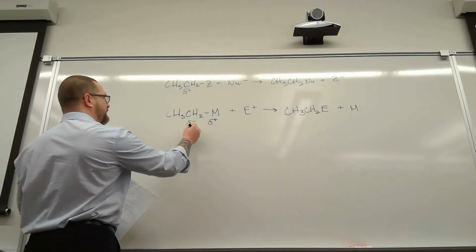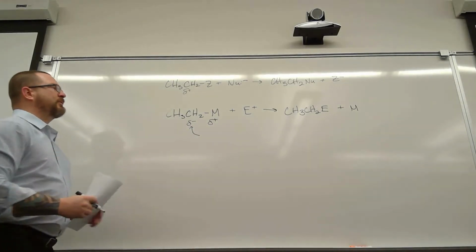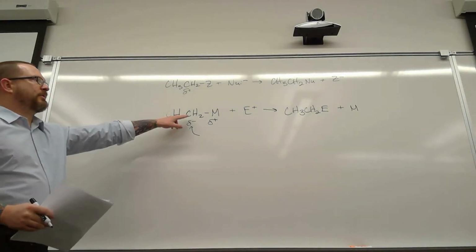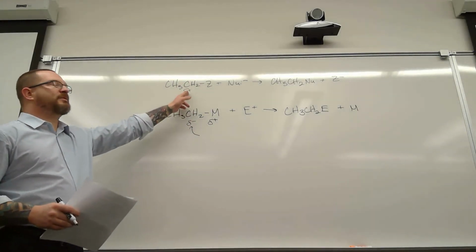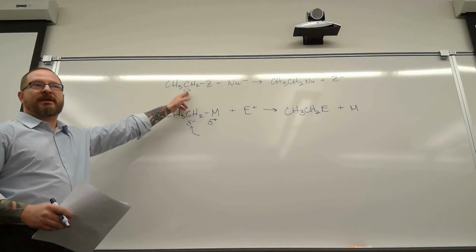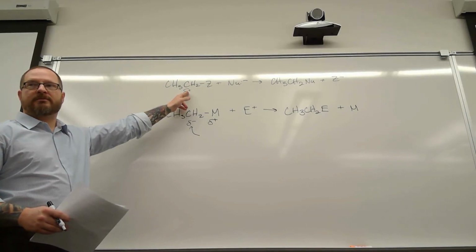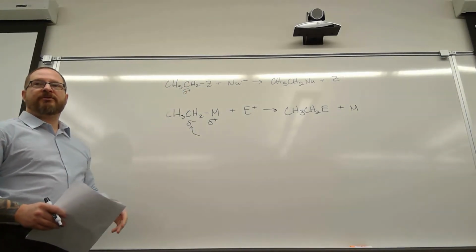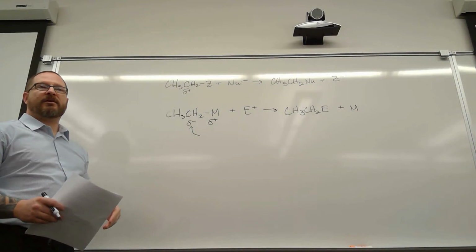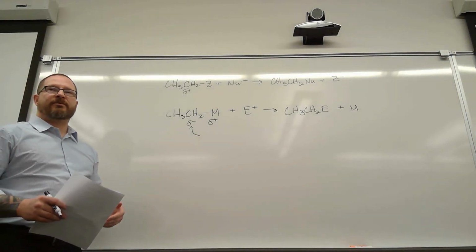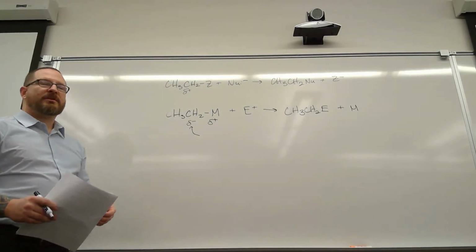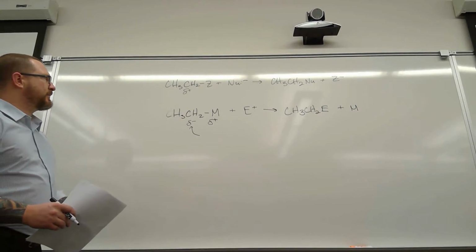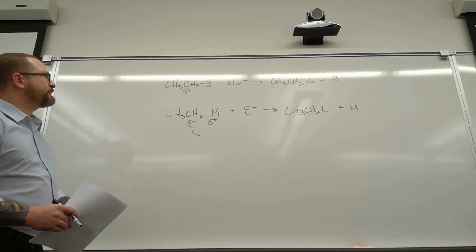Now that we have this nucleophilic carbon, you can now do nucleophilic attacks with this kind of carbon on this kind of carbon. And you can get new carbon-carbon reactions. So you can do these Grignards on a host of different electrophilic carbons.